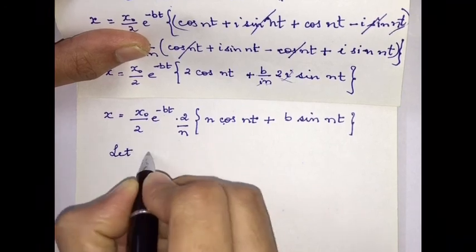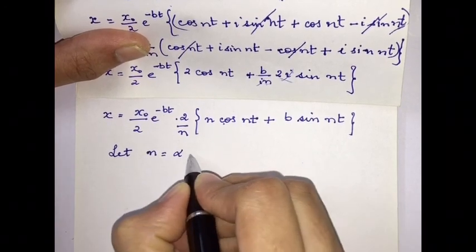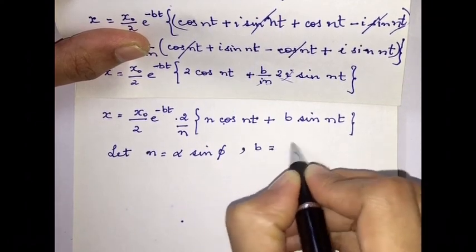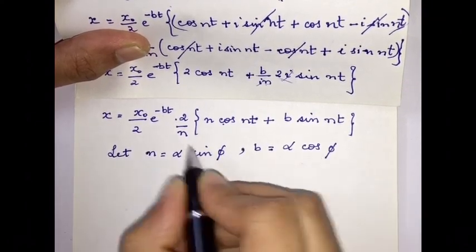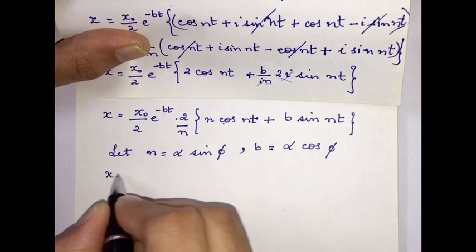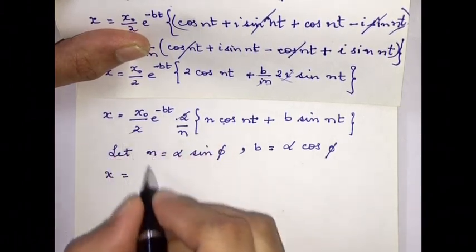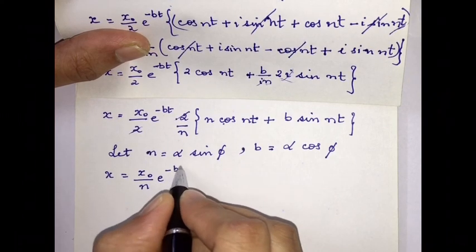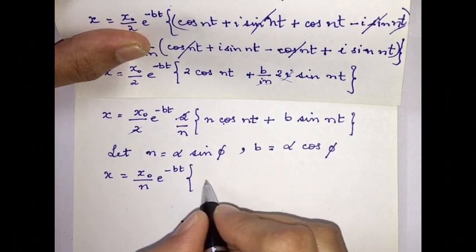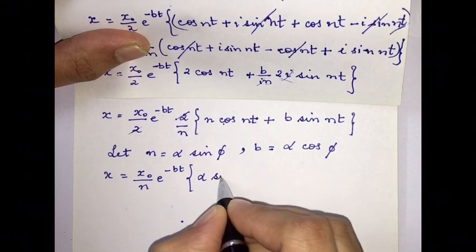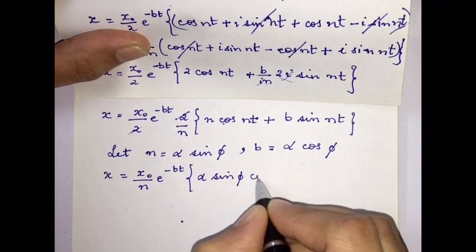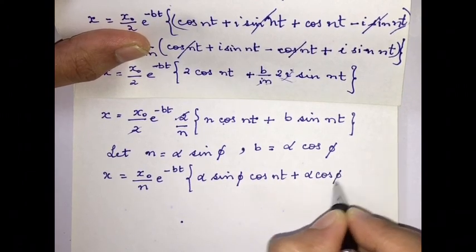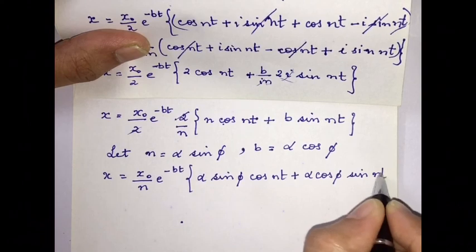Now let n is equal to alpha sin phi and b is equal to alpha cos phi. So if I substitute this and solve, x is equal to, this 2 is cancelled, x naught by n e power minus bt, n is alpha sin phi cos nt plus b is alpha cos phi sin nt.